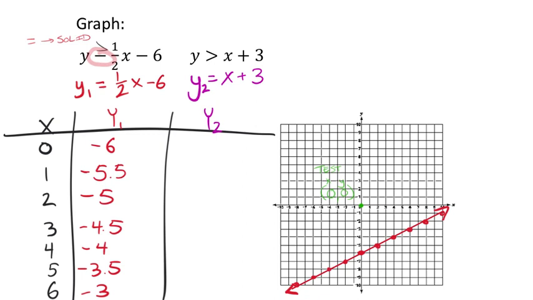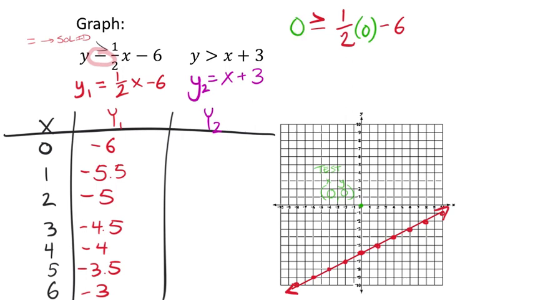So I take the original inequality, and I need the inequality now for sure, but it's y is greater than or equal to 1/2 x minus 6. But we're testing the origin where the x value is 0, and the corresponding y value is also 0.